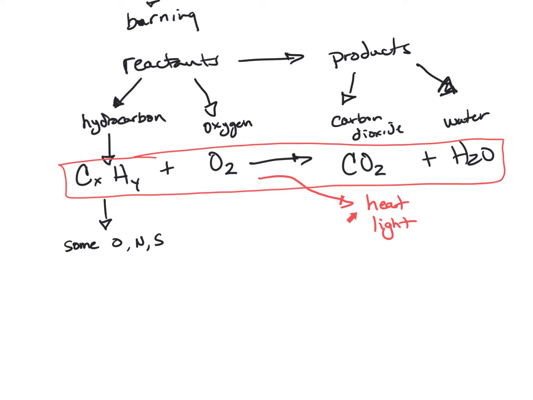We use that heat to heat up substances in a chemistry class. It also gives off some light. If we turned off the lights, we would see light coming from it. So that is a good example of a combustion reaction.